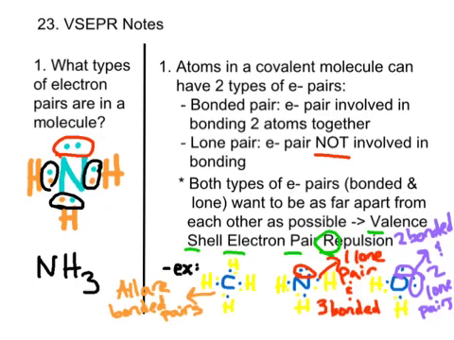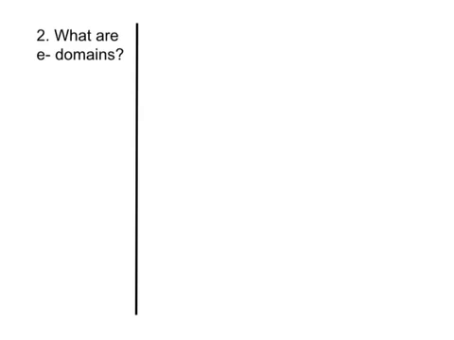So we're going to take a look at electron domains and also how these bonded and lone pairs are going to contribute to the shape of a molecule. The next question we're going to tackle is, what are electron domains? Another vocabulary word when we're working with Lewis dot structures.